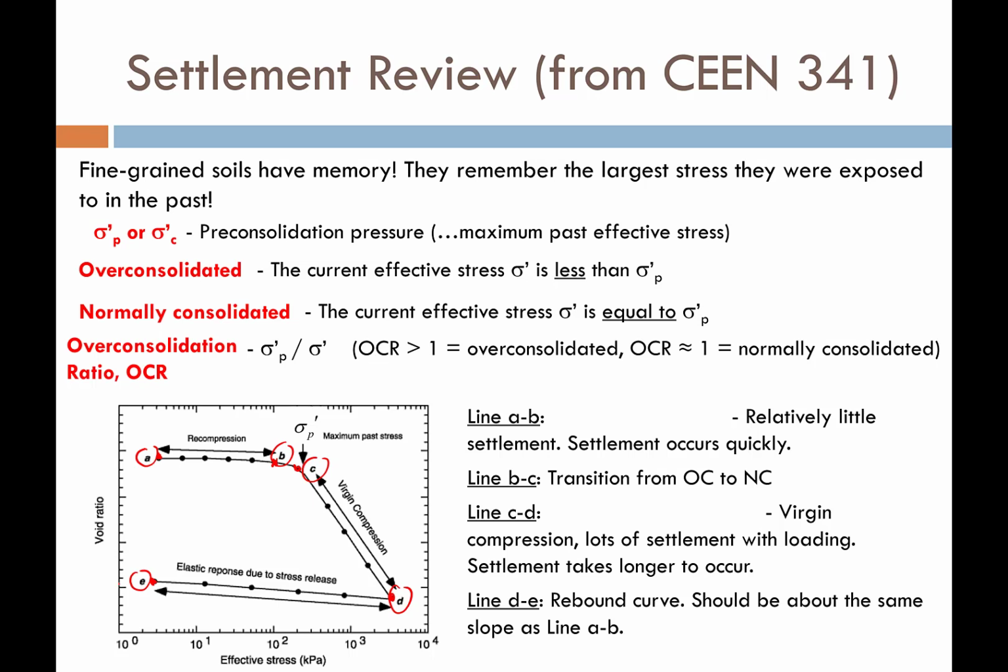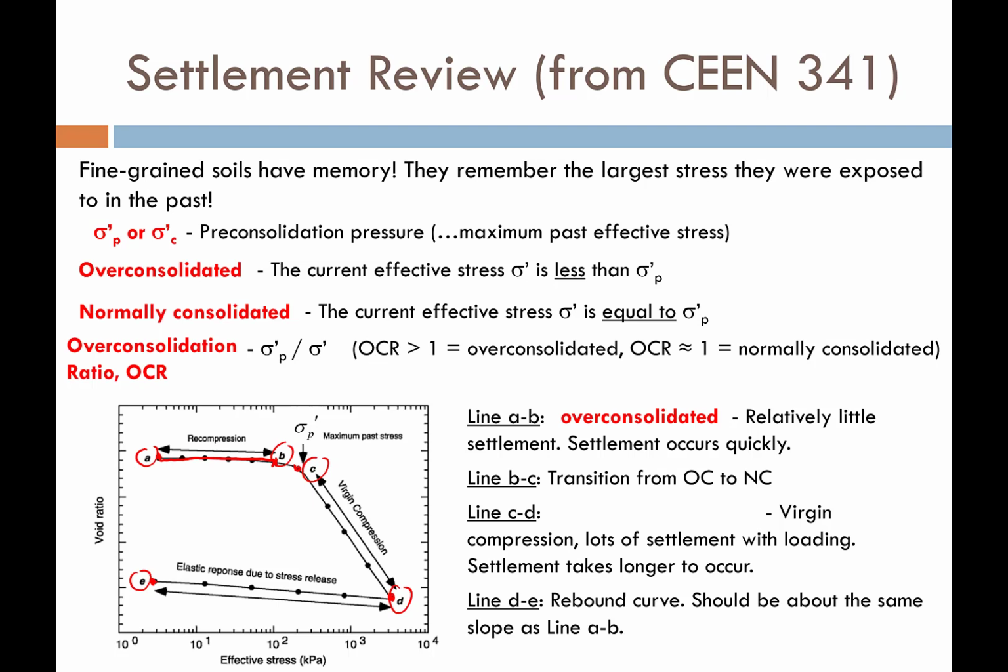Now, if I want to look at what's going on between points A and B, this portion of the curve right here, the soil is over-consolidated because our stresses are less than the pre-consolidation stress.